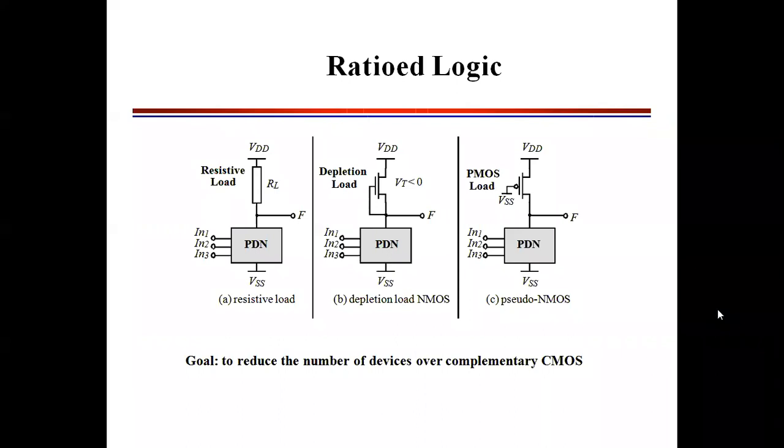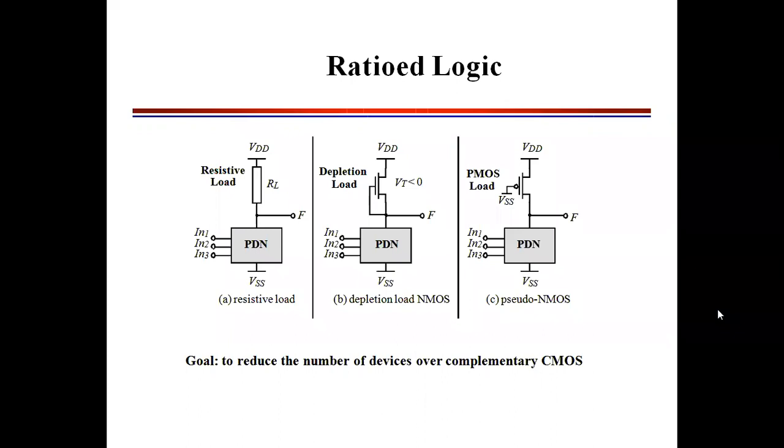The second option is the depletion load. You can go for the depletion load, or you can use a PMOS load itself, only one PMOS, and this is a pseudo NMOS.